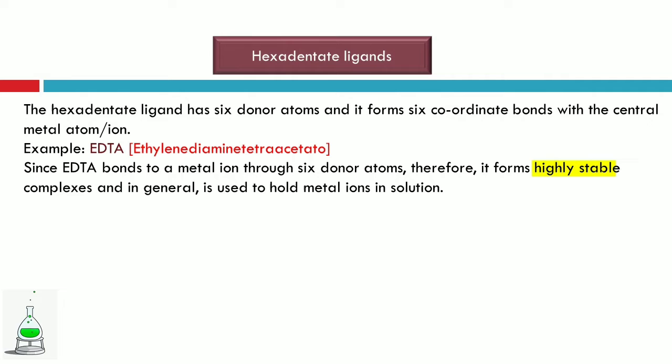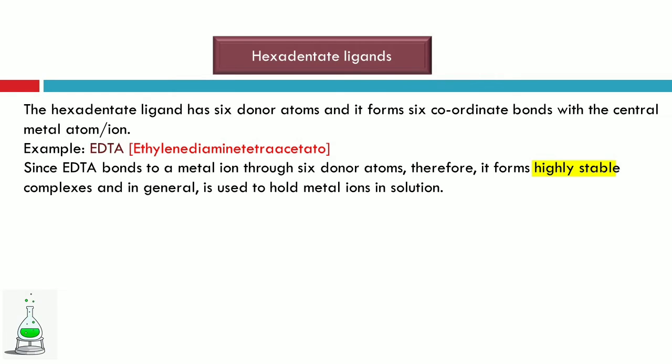Next are hexadentate ligands. Hexadentate ligands are those which have 6 donor atoms and can form 6 coordinate bonds with the central metal ion. Here we have an example, EDTA. EDTA is a short form of ethylene diamine tetraacetate ion.